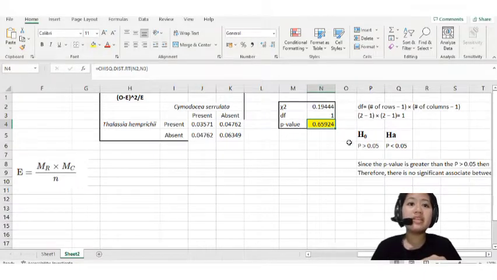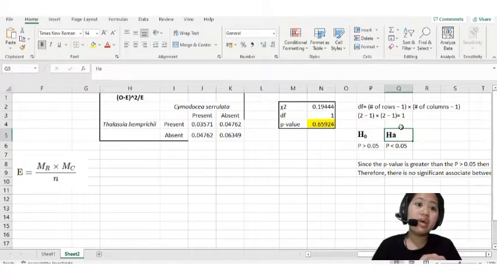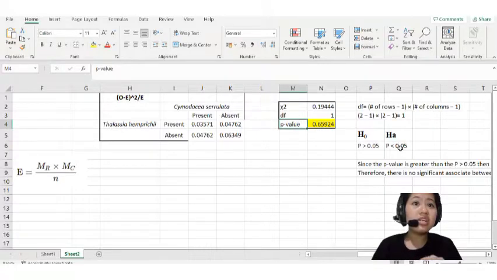So we have this rule: we accept the null hypothesis if the p-value is greater than 0.05, and we accept the alternative hypothesis if the p-value is less than 0.05.